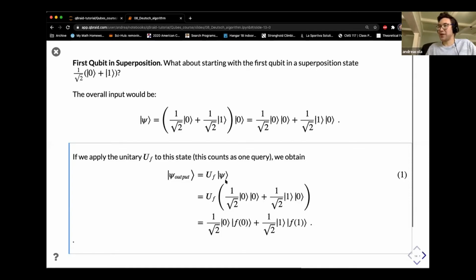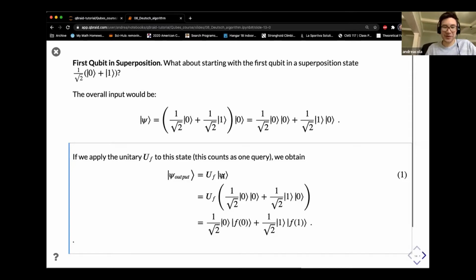The way U_f acts on this big state is you can decompose it as U_f acting on the individual terms of the sum. So first U_f acting on |0,0>, and then U_f acting on |1,0>. That's how you get to the last line. So |0, f(0)>, and then |1, f(1)>.